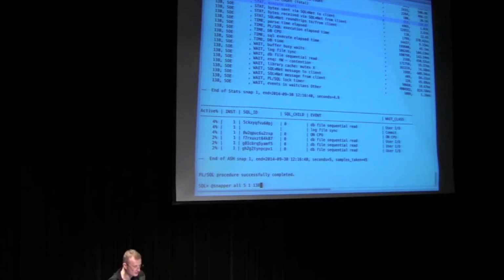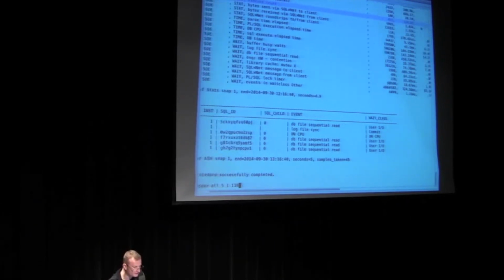For example, this column is the total for the 5-second period I ran Snapper. This is per second. So this session executed something 134 times per second. This session had 22 SQL*Net round trips between client and server. When I scroll up, there are many statistics here. This session generated 51 kilobytes of redo per second.